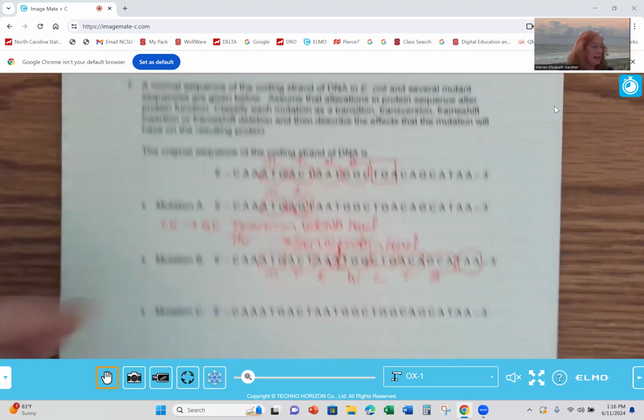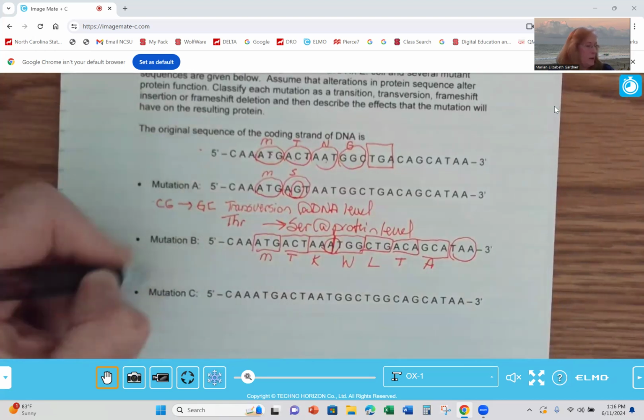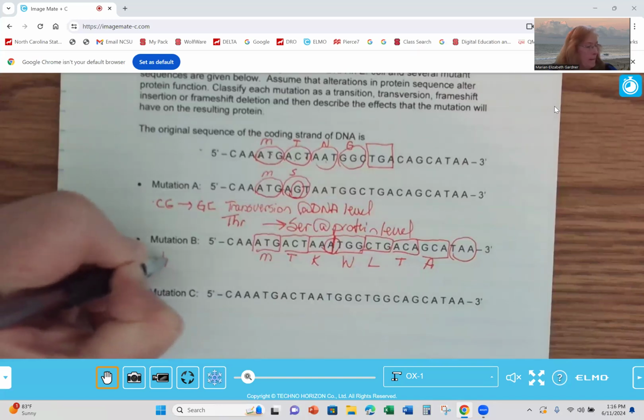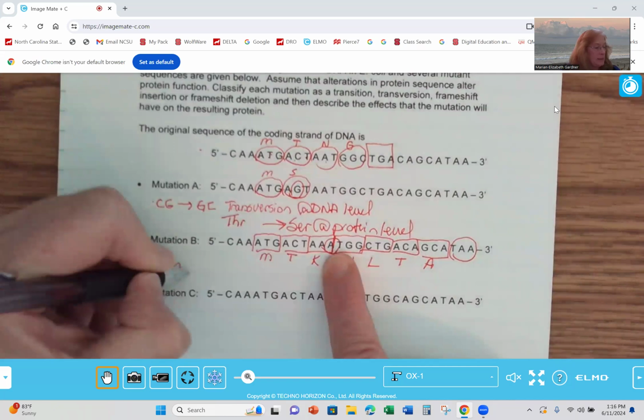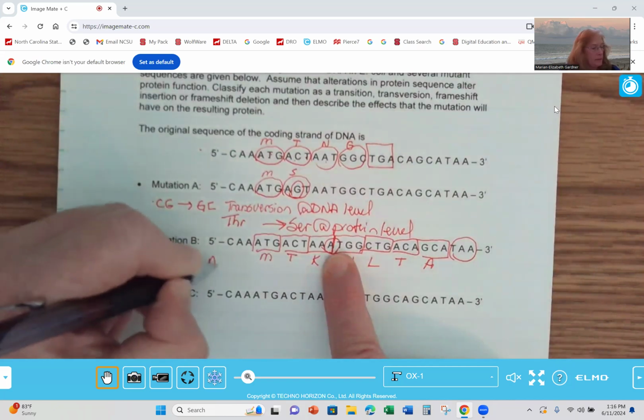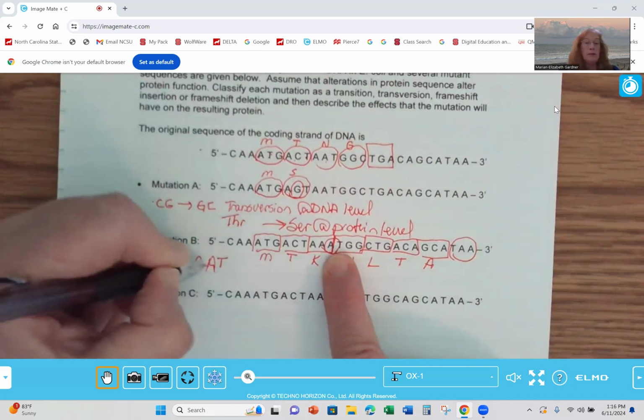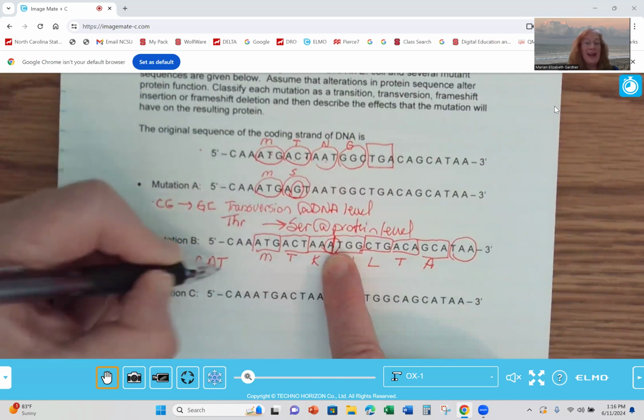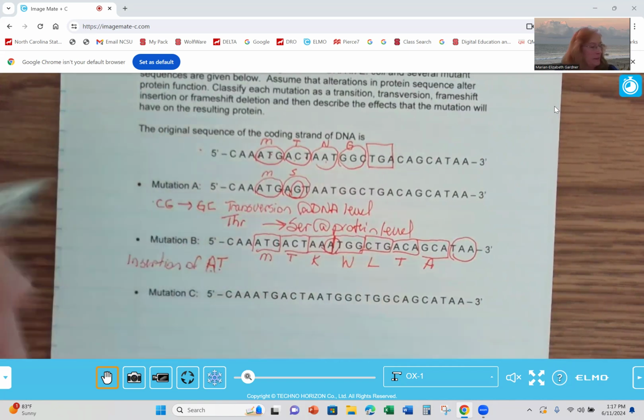So at the DNA level for mutation B, we had an insertion of that AT base pair, which means our coding strand got the A, the template strand got the T. It looks like there's just an A added here.